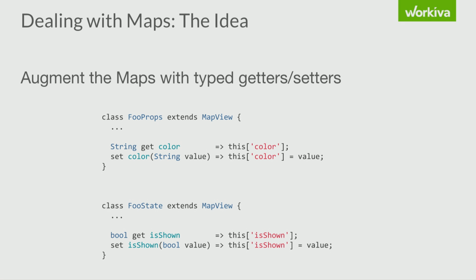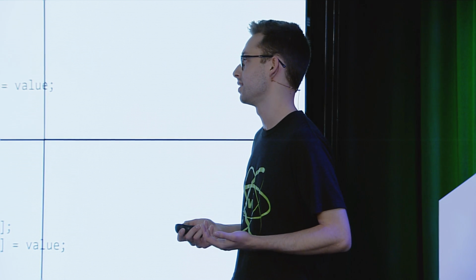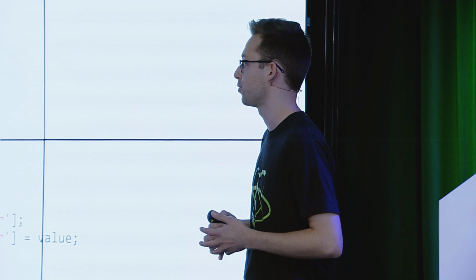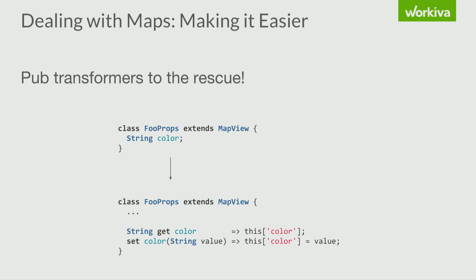So we initially were doing this by hand, and it proved to be kind of tedious. We could still mistype things, and yeah, it was a pain. So of course, we went to code generation to do that for us. Right now via pub transformer, but I could see it being a Bazel build step eventually. But to declare a statically declared prop, you just declare a field, and then the transformer synthesizes that to getters and setters.